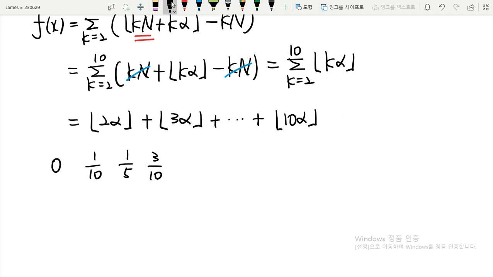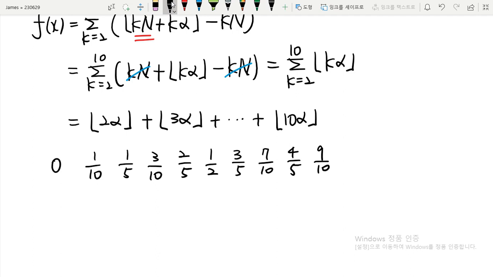So we can increase the numerator by 1. Yeah, so these are the values which make 10 times alpha an integer.